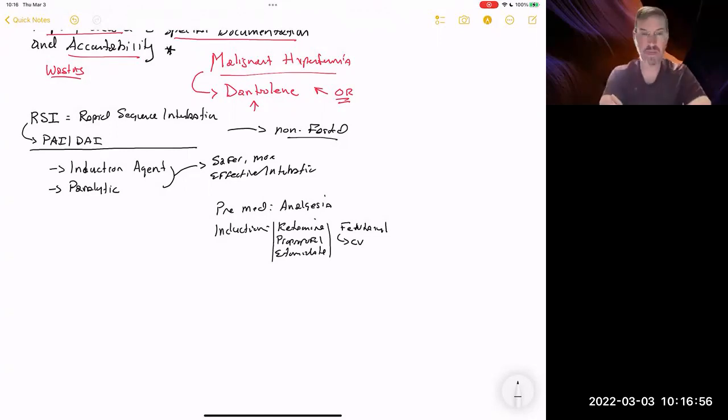But make no mistake, it can still depress the heart. If you have somebody with a bad heart, one of the relative contraindications for ketamine is congestive heart failure. I'm glad I mentioned that, because it can cause decompensation of congestive heart failure, where fentanyl may be a safer alternative. So you medicate them, give the induction agent, and then you give a paralytic.